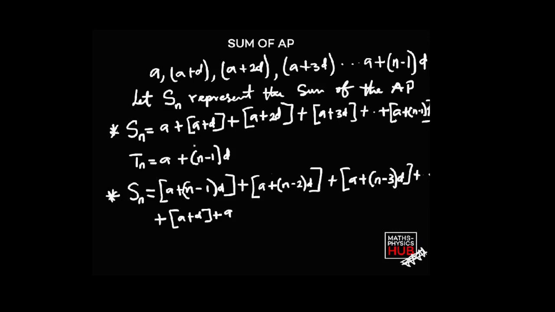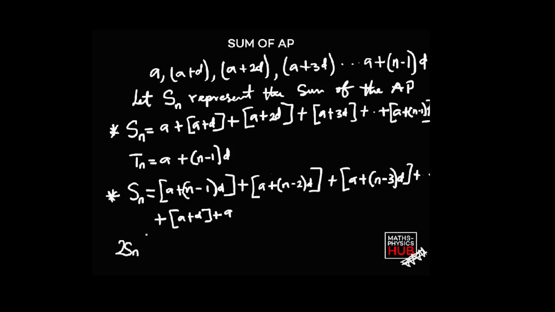So if we add the two equations together, that is, you add equation 1 and 2 together, you are going to be having Sn plus Sn. That will be 2Sn.